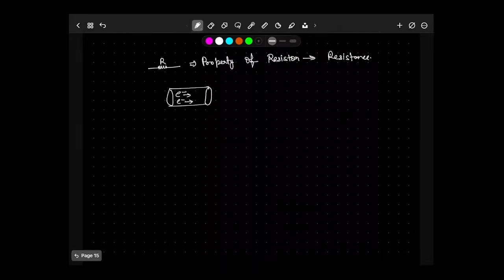Okay. So, suppose there is a conductor. Let's make it more accurate.